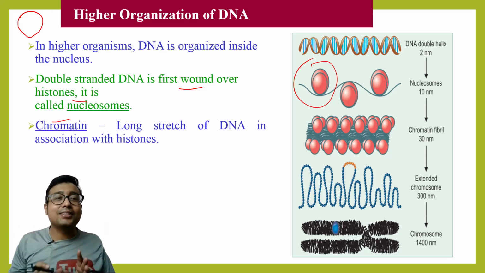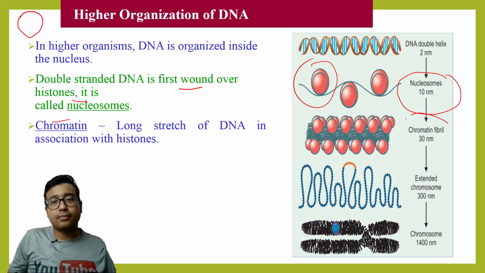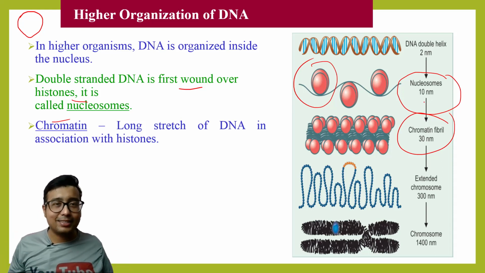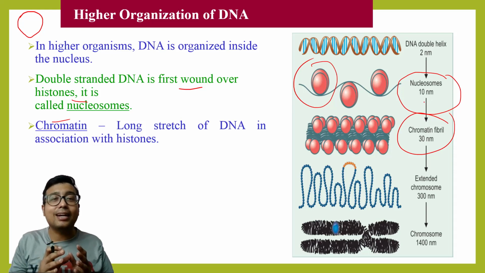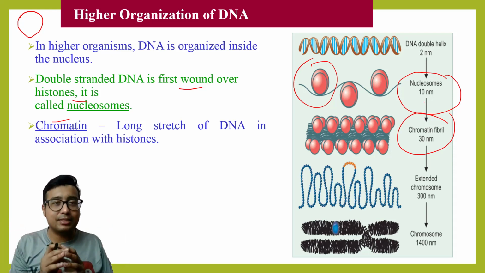Now a long stretch of DNA in association with histones is a chromatin. So it means what? These nucleosomes, suppose it's 10 nanometer, a triple of this much size, so a lot of histones will be attached. This is known as chromatin. Now we are relatively looking at the size. So this will condense, approximately 10 times.